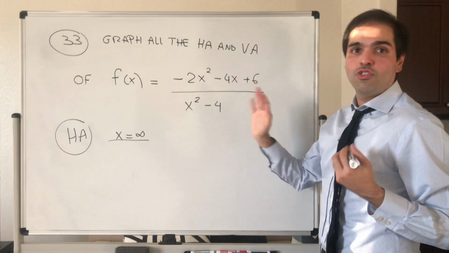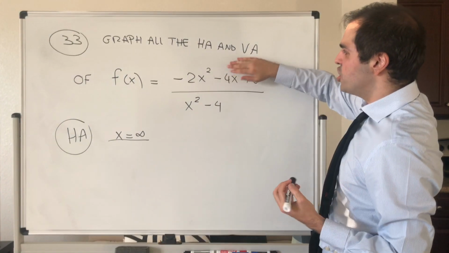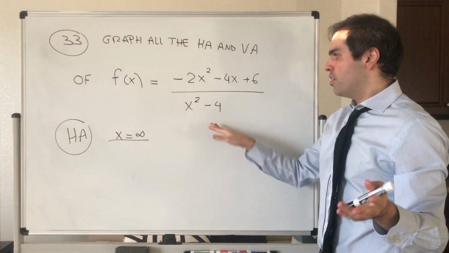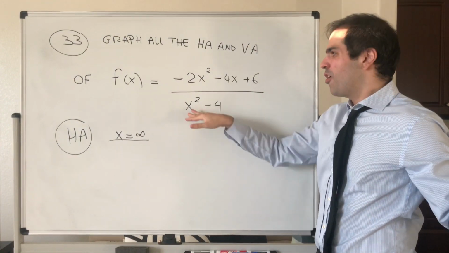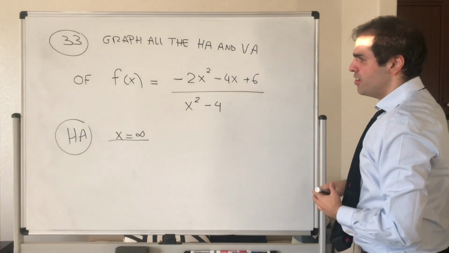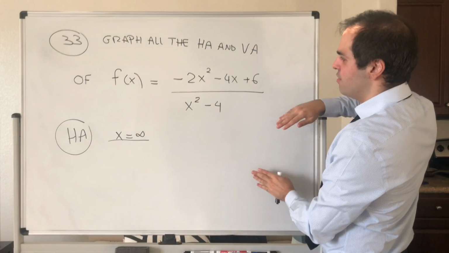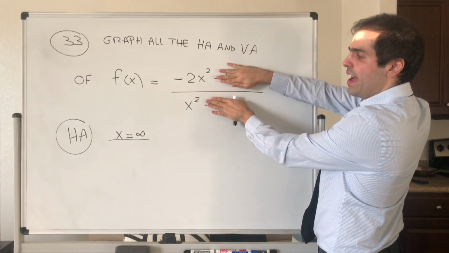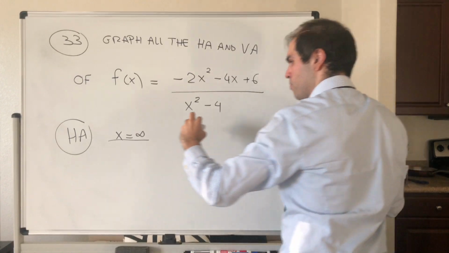Now here's the thing, and again, you will make this very rigorous in calculus. If x gets very large, essentially those factors are negligible. Because what is -4 compared to infinity squared? It's way, way smaller. So essentially at x equals infinity, this function is close to -2x squared over x squared.